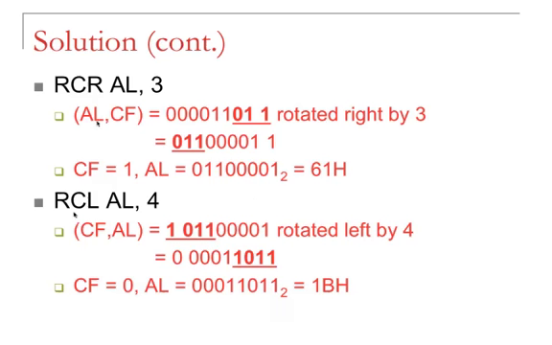The last instruction, RCL AL, 4, because we're rotating through the carry flag to the left. This L is to the left. So this is the value in AL, and we put the carry flag on the most significant bit side. This is the carry flag.